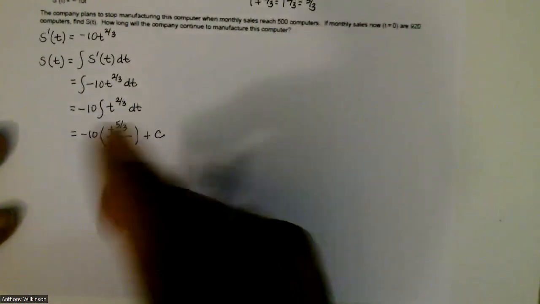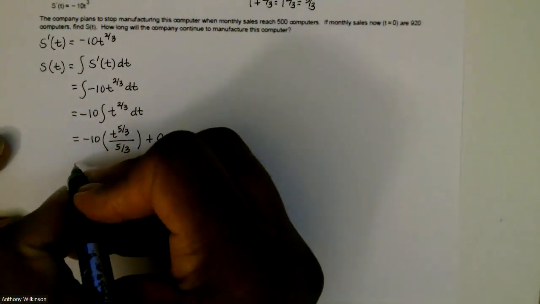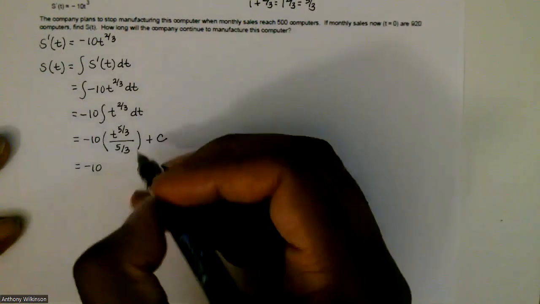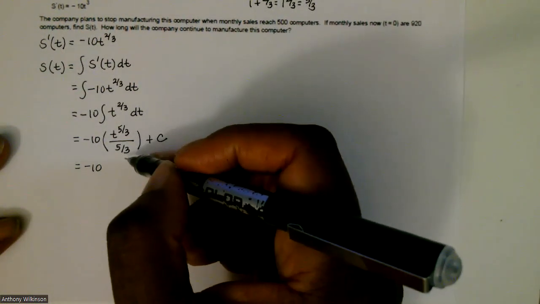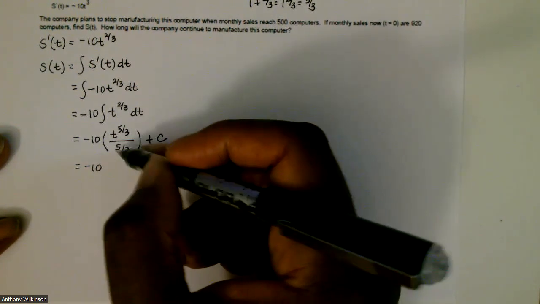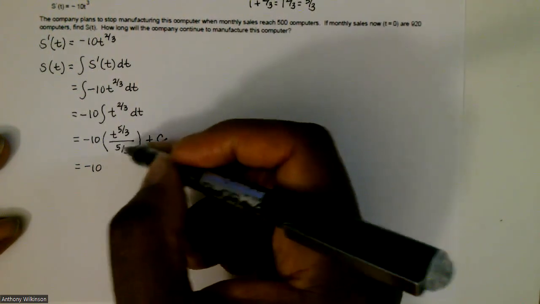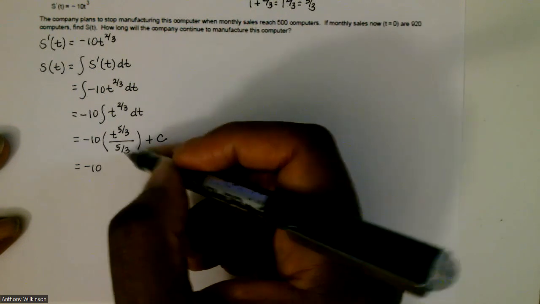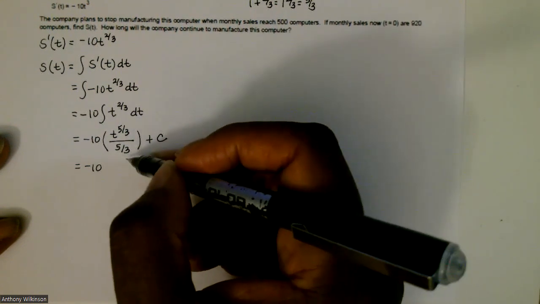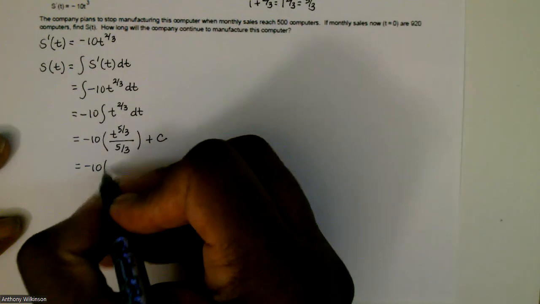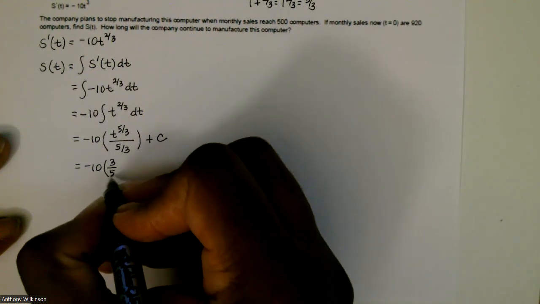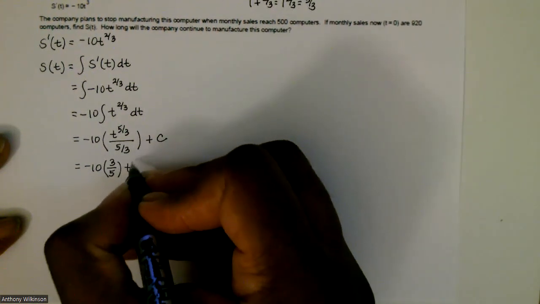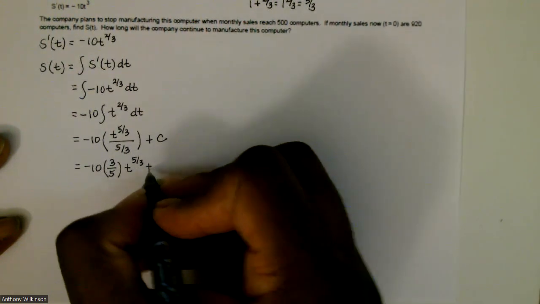All right, now, here's what I'm going to do. Bring this -10 over. The reciprocal of 5/3, that's in the denominator. I can take its reciprocal by flipping this fraction. The reciprocal of 5/3 will be 3/5, so I have -10 times 3/5 times t to the 5/3 plus c.